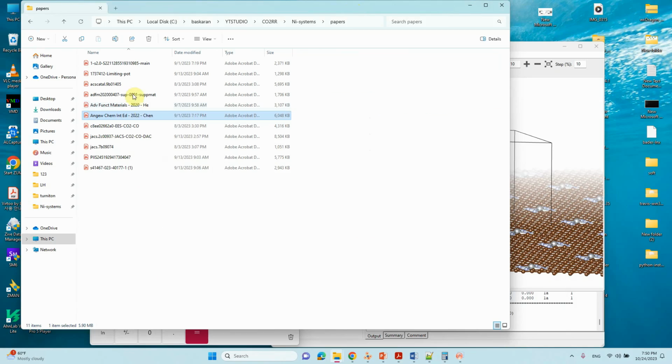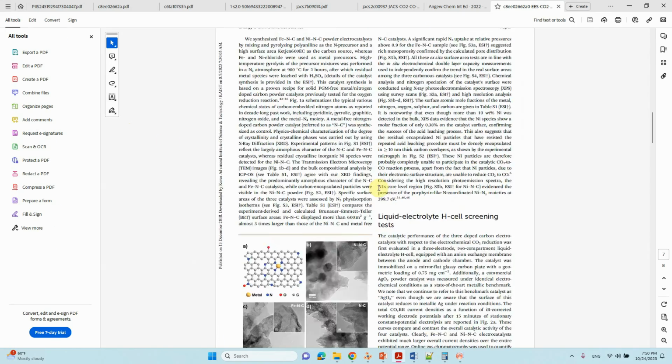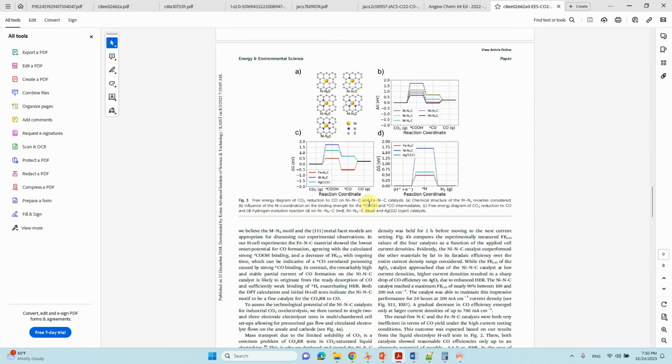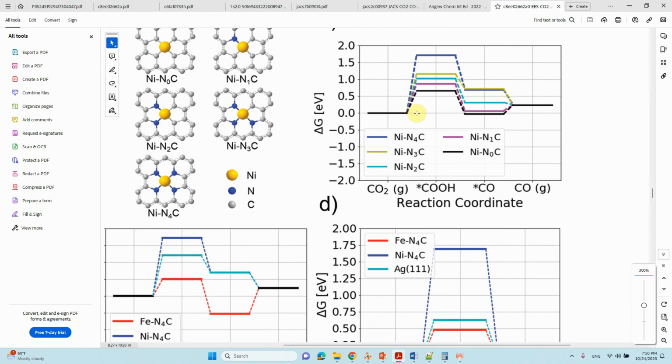This paper did not show anything. You can also see this paper, this is actually nickel N4C. You can see this is 0.24, 0.12. This is the value. They also calculated nickel N4C. See, this is around what we got, that 1.83 we got.